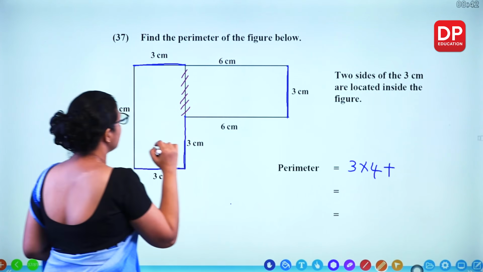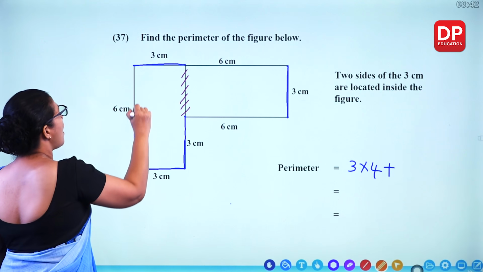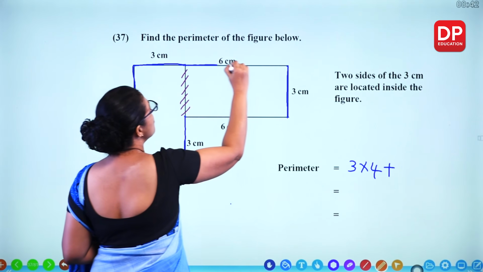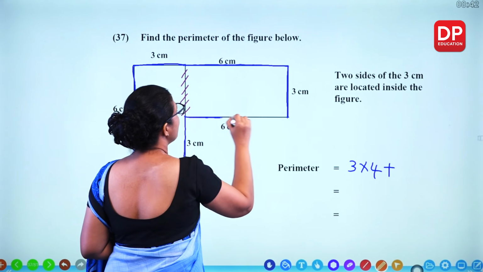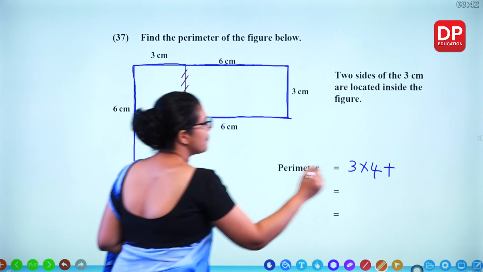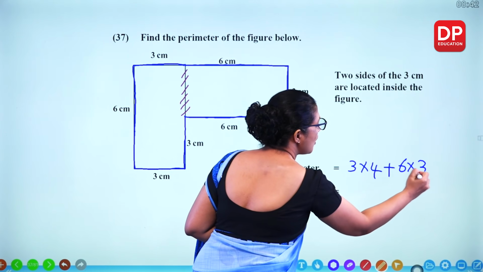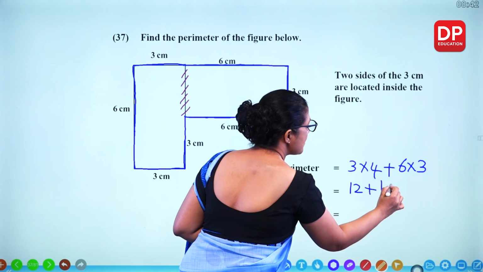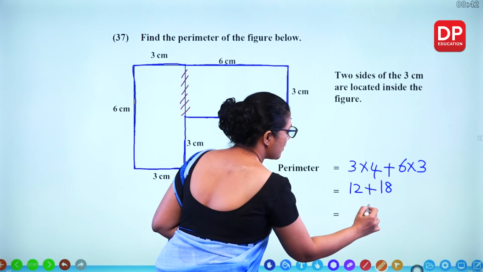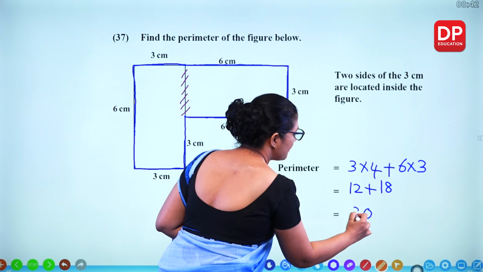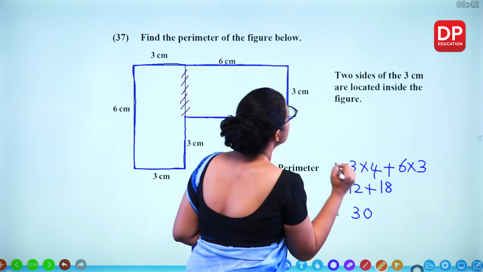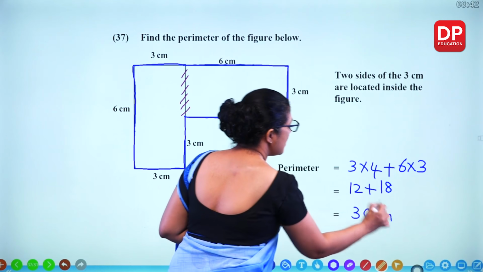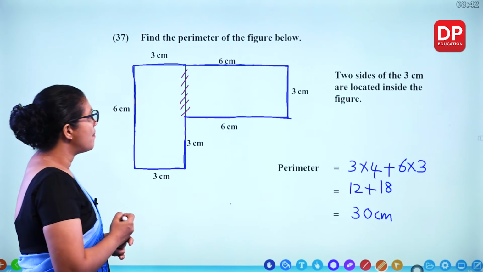How many 6s? 1, 2, 3. 6 times 3. Now add it. 3 times 4, 12. 6 times 3, 18. You get 30. 30 centimeter is the perimeter of the combined shape.